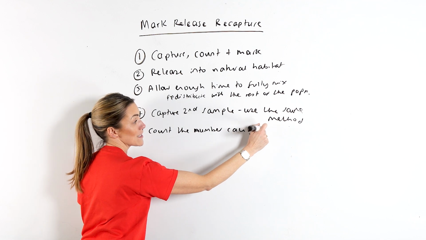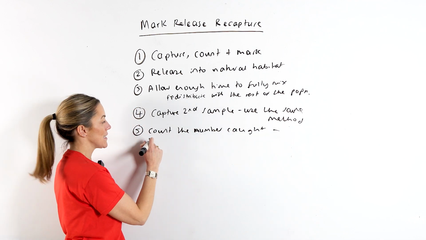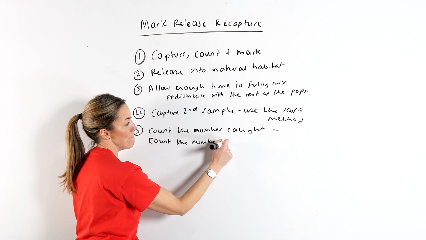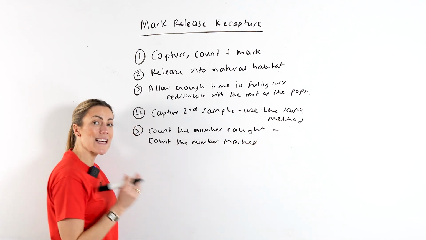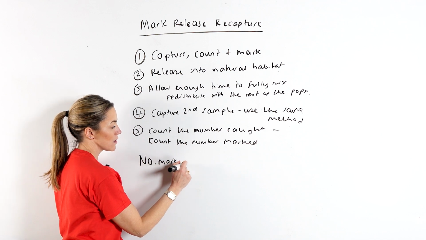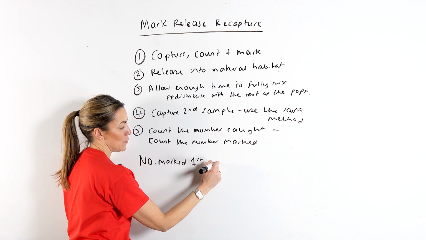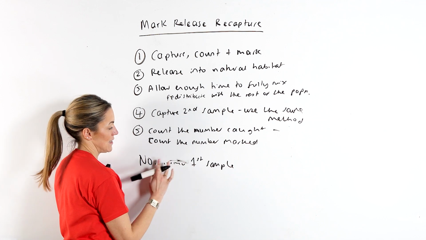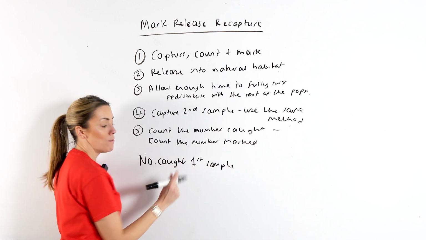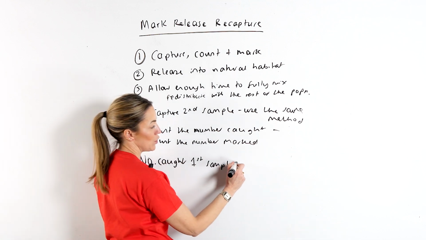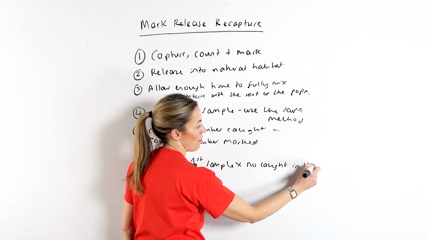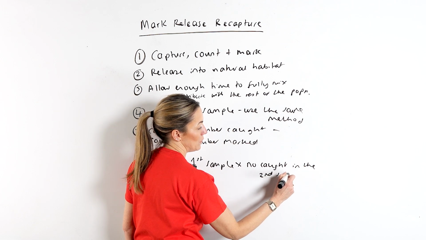You count the number caught in your second sample, but you'd also need to count the number marked, because to calculate the population size, you're going to do the number caught in the first sample, multiplied by the number caught in the second sample.